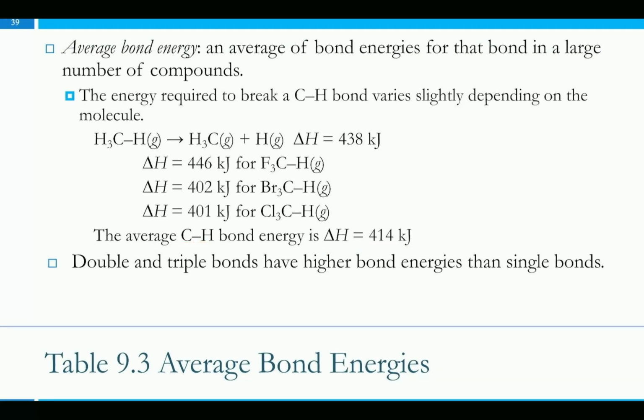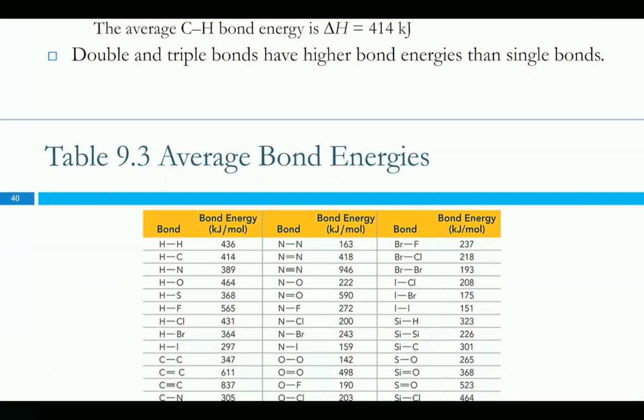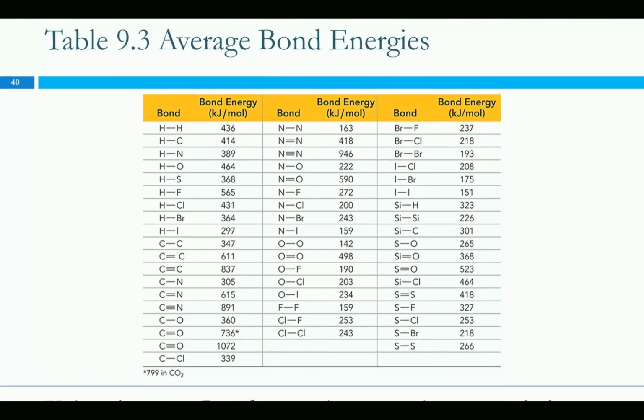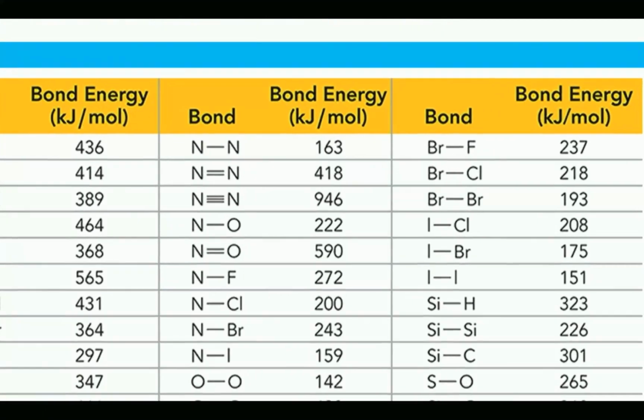You won't have a double or triple for carbon-hydrogen bonds, but you'll have a bunch of different values like this. For nitrogen, for example, we have nitrogen with a single bond, a double bond, and a triple bond: 163, 418, 946. That's one that you saw on the lab, the Lewis structure worksheet. As the bond order increases, as I add more bonds, the bond strength increases.